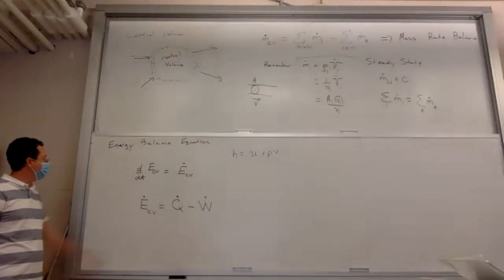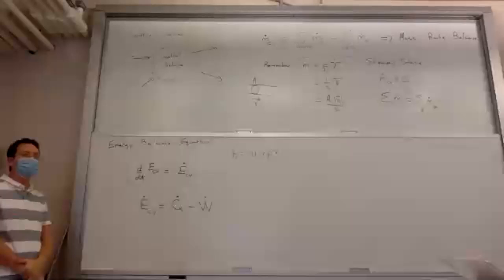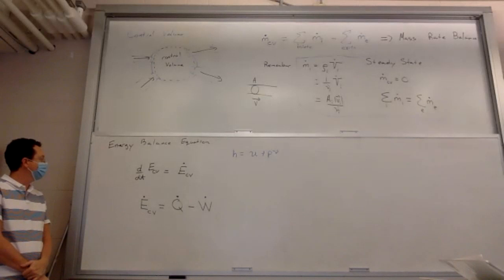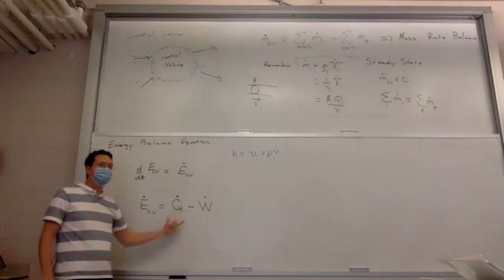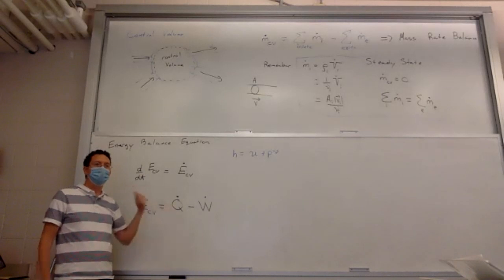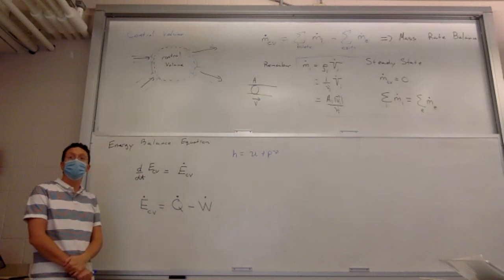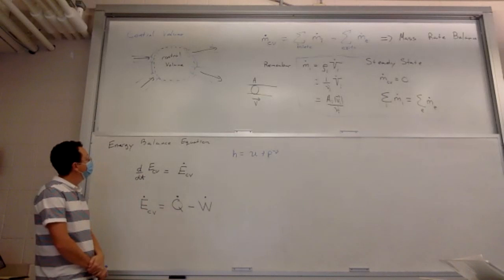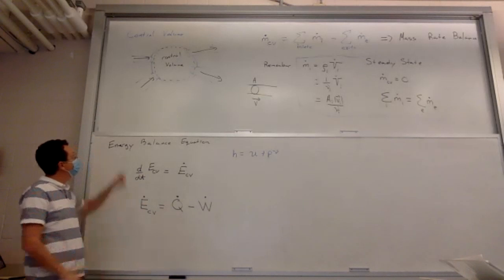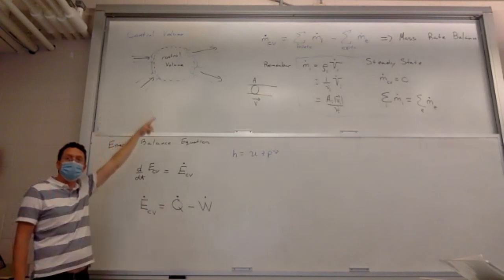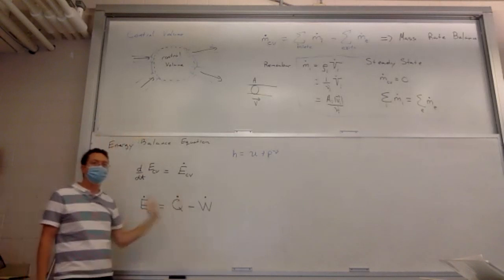Okay, what else could contribute to the energy rate of change? So far, it sounds just like we would do with a closed system. So what have we not accounted for here? What's different now that we didn't have in a closed system? How about just the fact that there are inputs and outputs? That affects things.